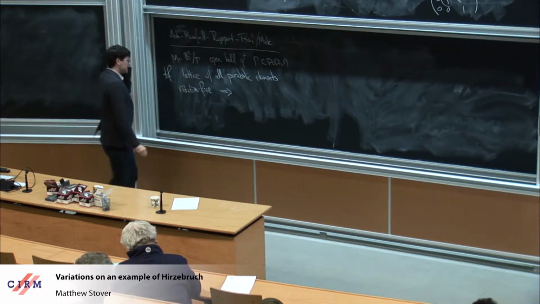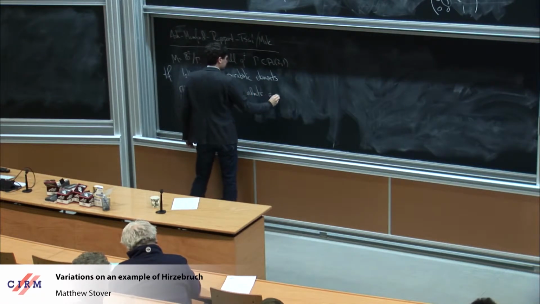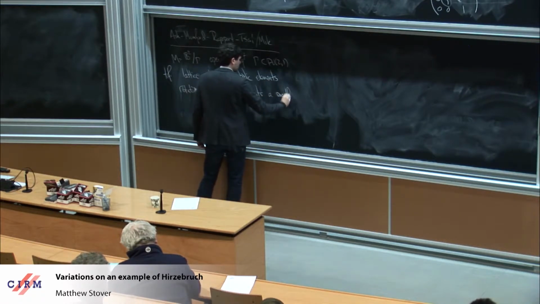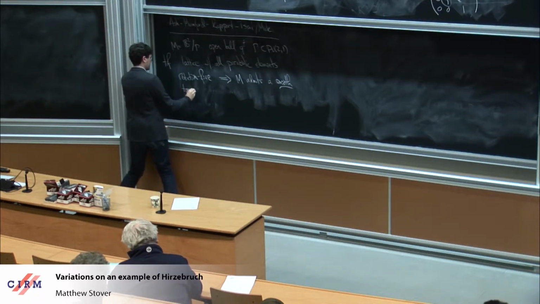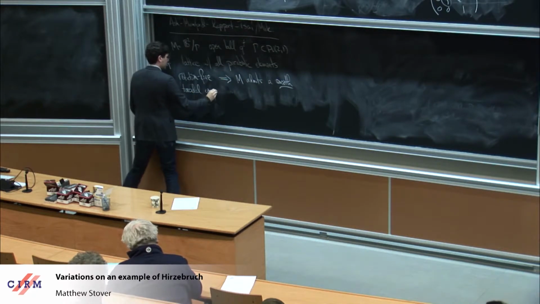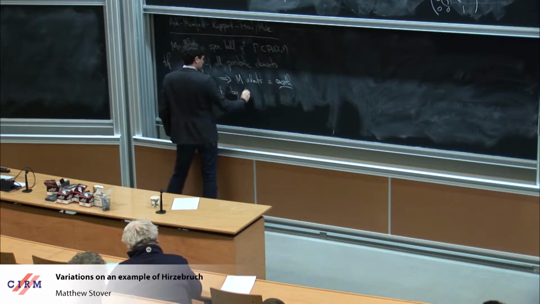This implies that M admits a smooth toroidal compactification by elliptic curves.